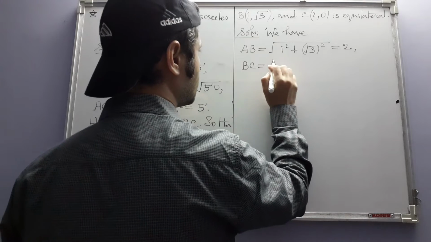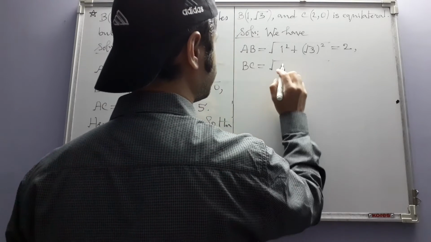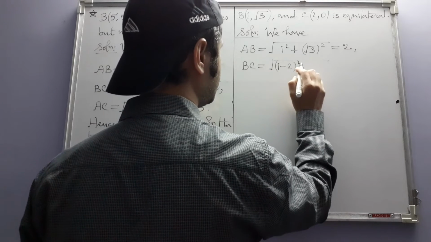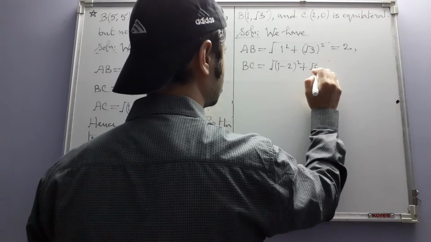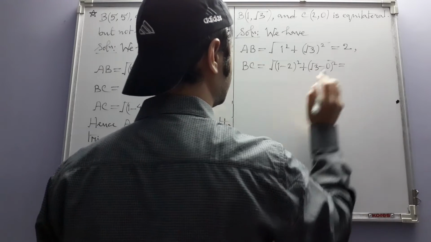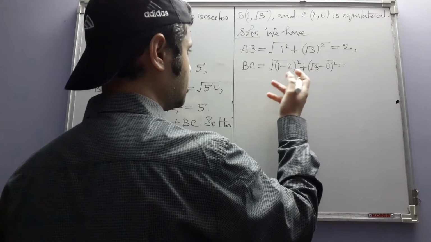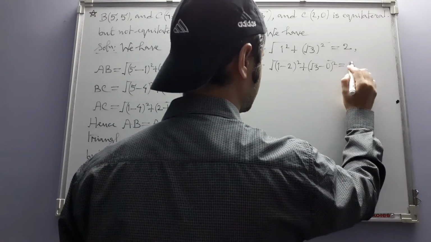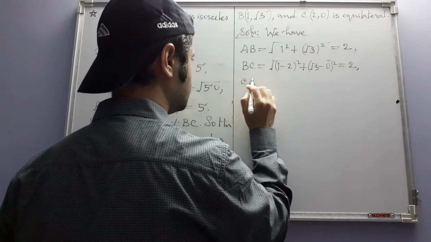BC, (1 minus 2) square plus (root 3 minus 0) square. 1 minus 2 is minus 1, its square is 1, and plus 3 is 4, so this is again 2.